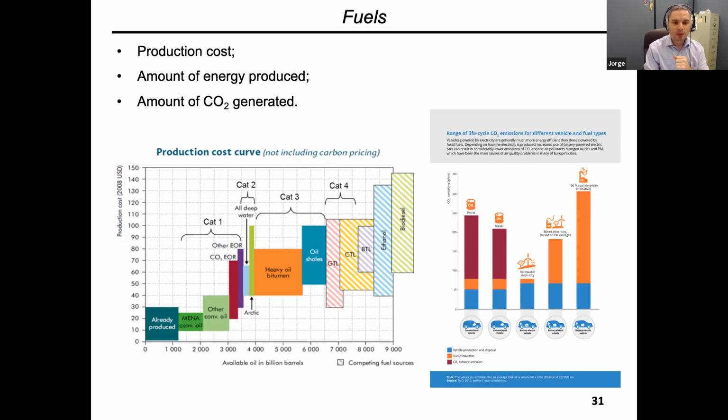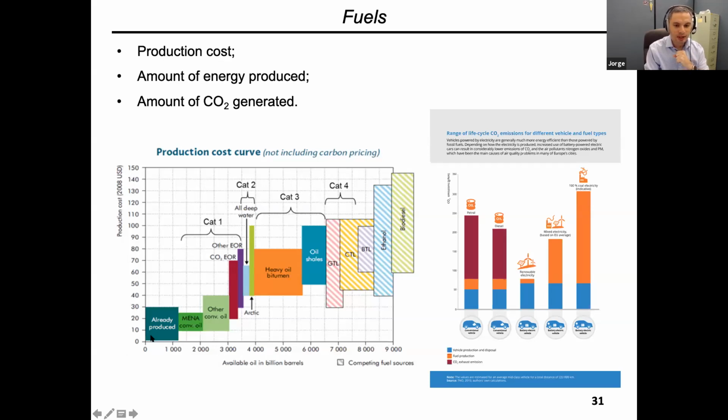So let's take a look and compare first the costs. So this graph here, the solid boxes shows us basically gasoline or anything that can be obtained from oil. So we have here production cost on the y-axis and availability of the fuel.